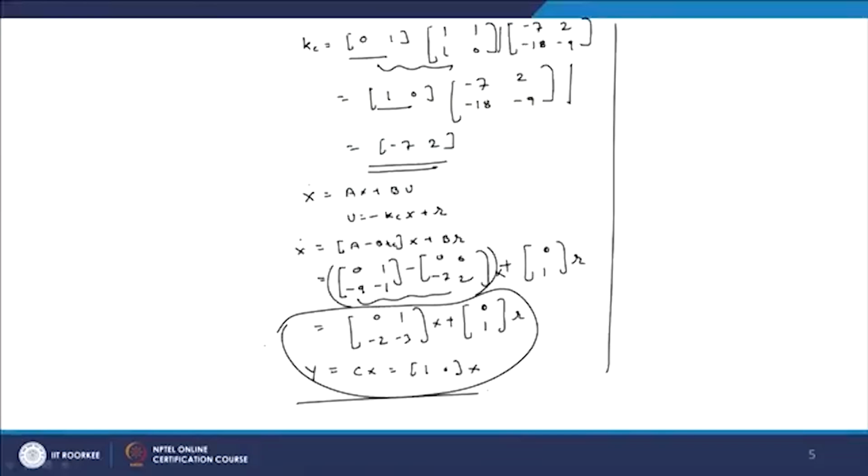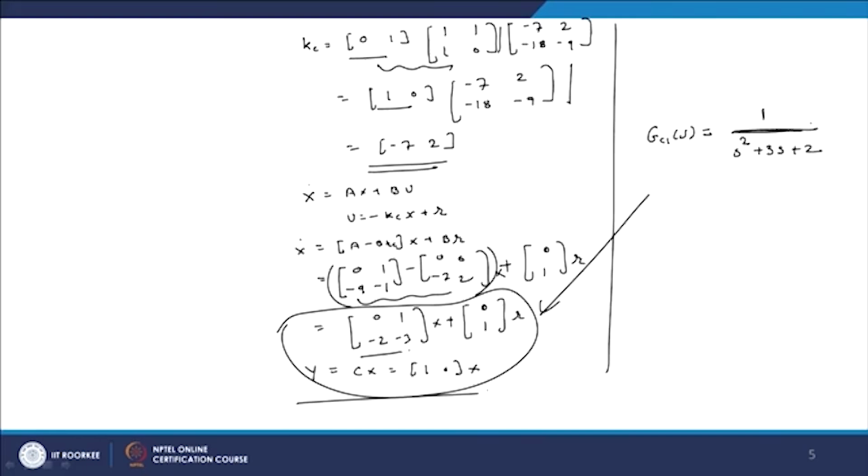From these equations we can directly write down a transfer function GCL of s, that is the closed loop transfer function. The numerator depends upon C, so here it is 1, and the denominator is s square plus 3s plus 2.